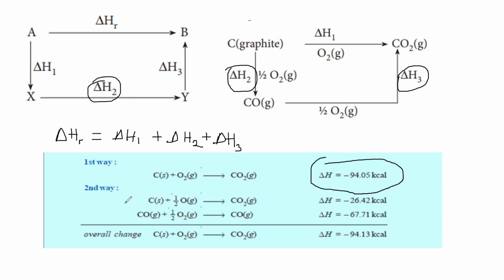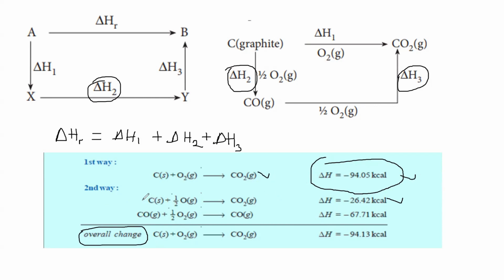But if it undergoes multiple steps, in the first step the enthalpy change is minus 26.42 kilocalories, and then at step 2 we have an enthalpy change of minus 67.71 kilocalories. According to Hess's law of constant heat summation, when you sum these two reactions, it will give you the same enthalpy and the same overall reaction.